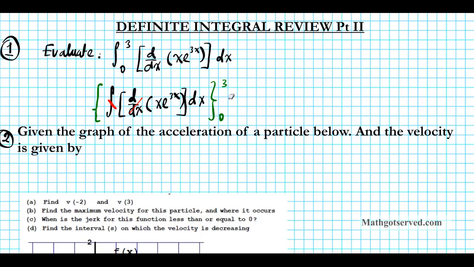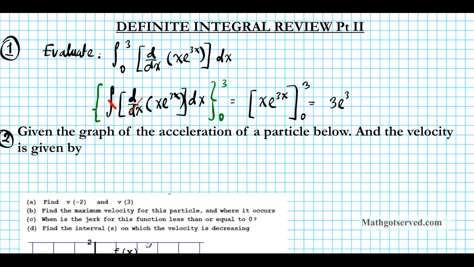So what you're going to be doing in actuality is evaluating this expression, x e to the 3x, from 0 to 3 using FTC part 2. Okay, so what does this mean we should do? We evaluate this expression at the upper limit minus this expression evaluated at the lower limit. So we're going to have 3e to the 3x, e to the 3 times 3.